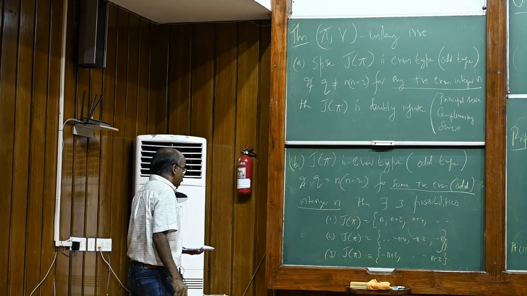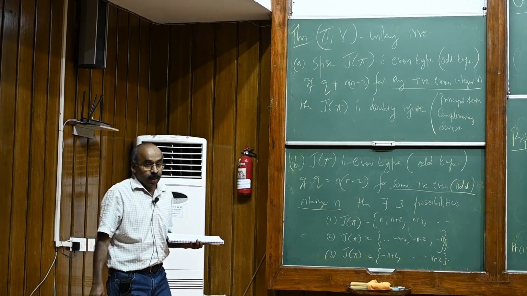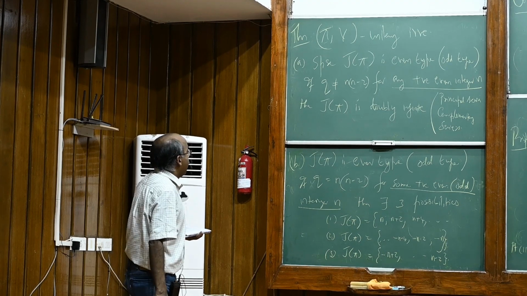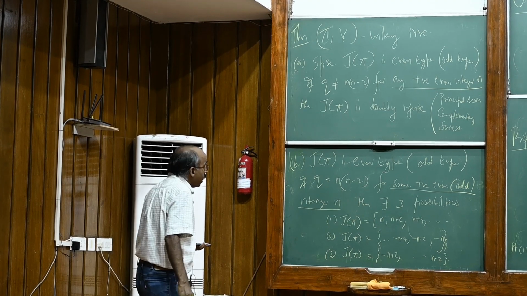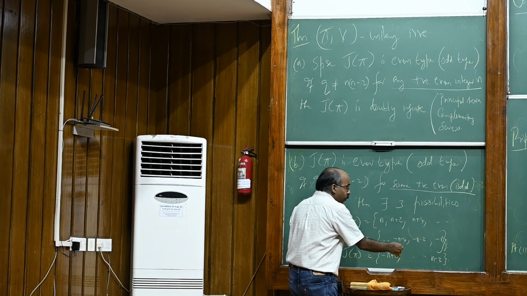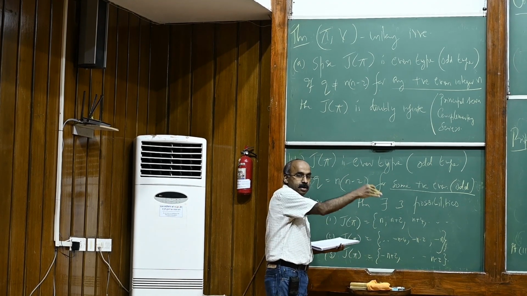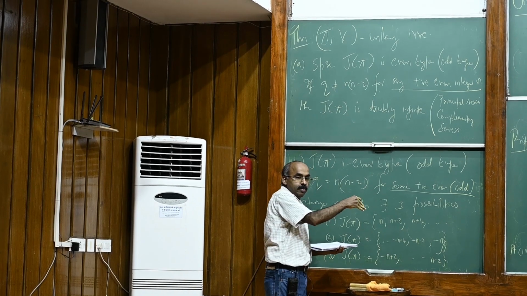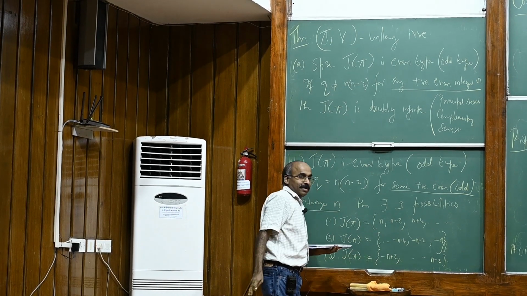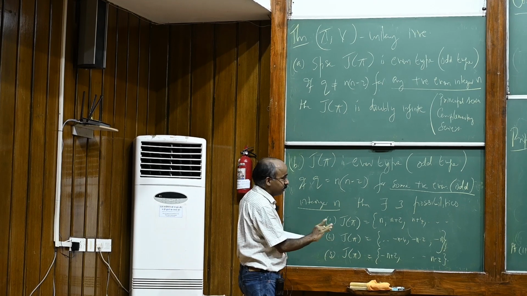Yeah, so you will have only negative ones. You can't start at 10 and go 8, 6 and go on. You have to start at minus 10. So n is positive.